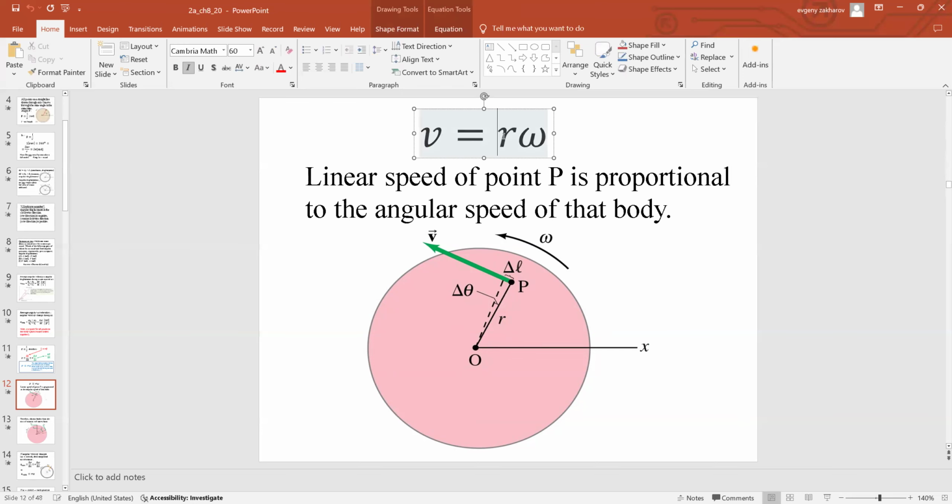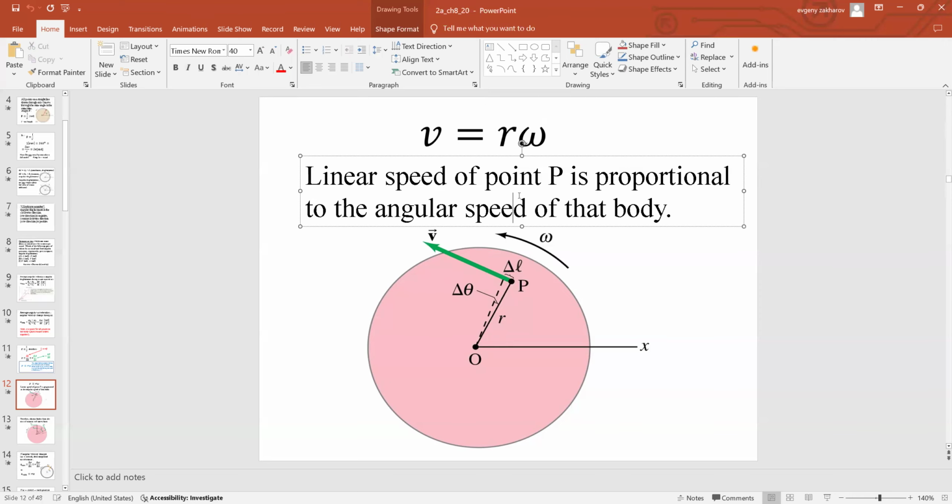And that's the connection that this formula explains perfectly. The more the radius, the more linear velocity you're going to get with the same omega. Remember, omega is going to be the same for every point, but your linear velocity will be proportional to the radius. So the further away you are from the center, the faster you're going to move, considering the linear velocity.